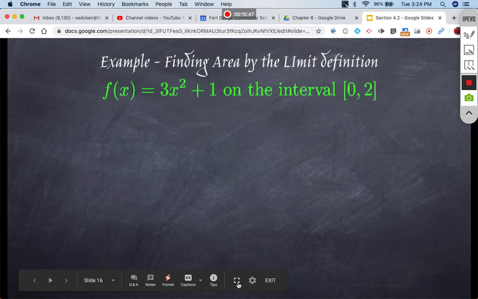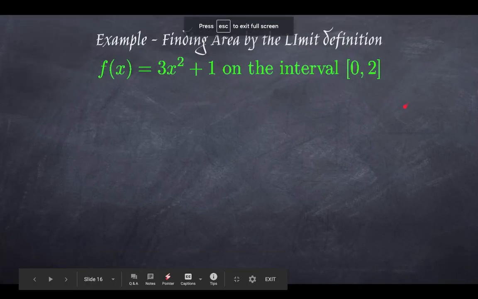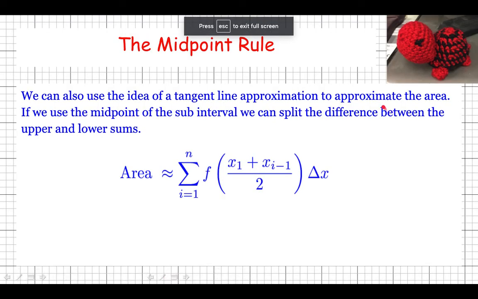Let's take this back up to full screen. Last thing I want to talk about is the midpoint rule. We can use this idea of making a tangent line to approximate the area.